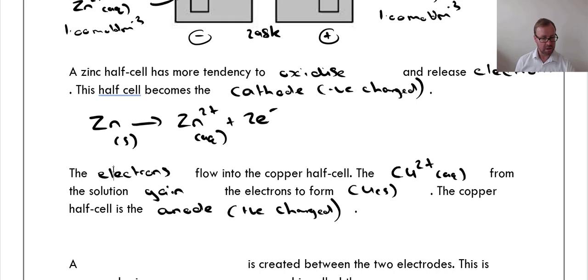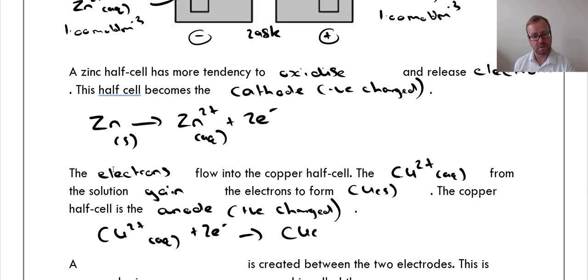So the copper ions from my solution are going to gain electrons to form solid copper.